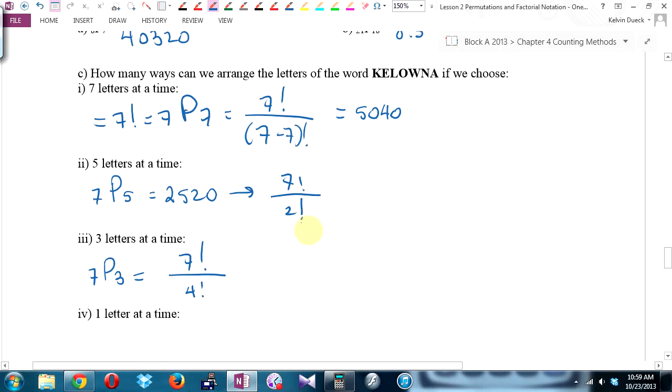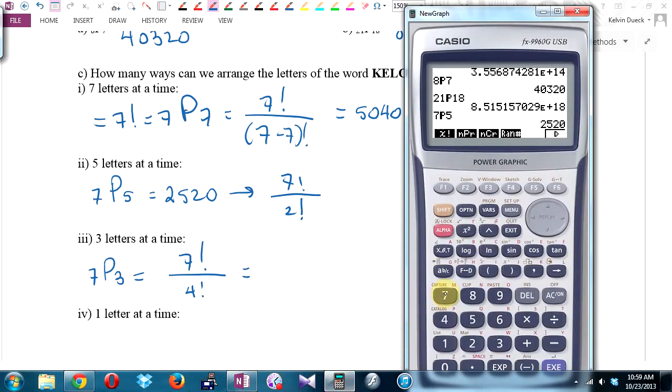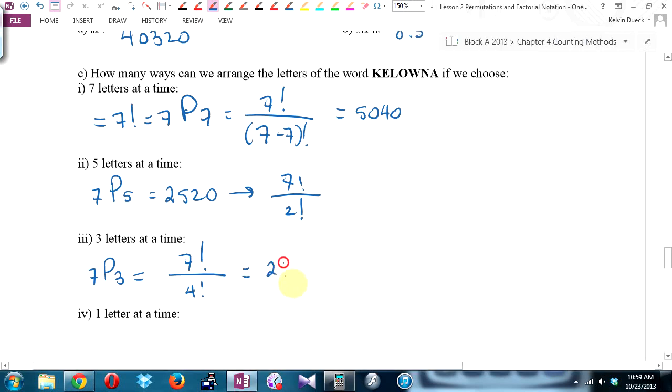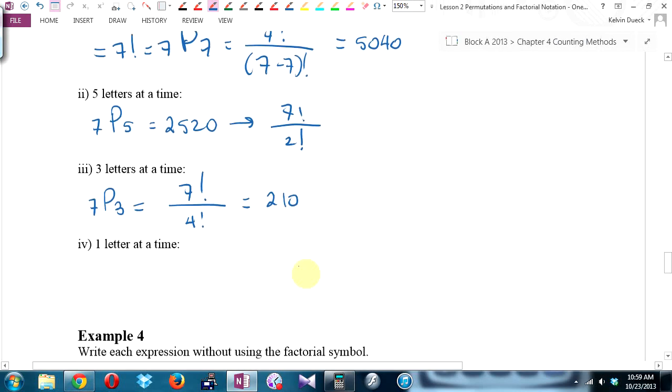It's 7 take away 3, that's what goes on the bottom. 210. 1 letter at a time. That's going to be 7P1, which is really 7 factorial over 6 factorial. I think that's going to be just 7, isn't it? Oh yeah, because I would draw 1 blank. 7. That'd be it.